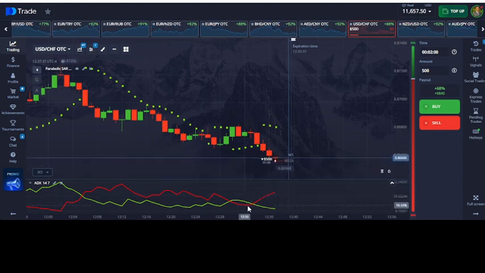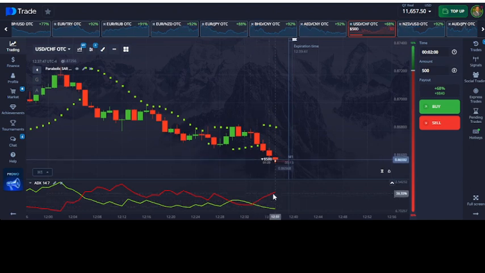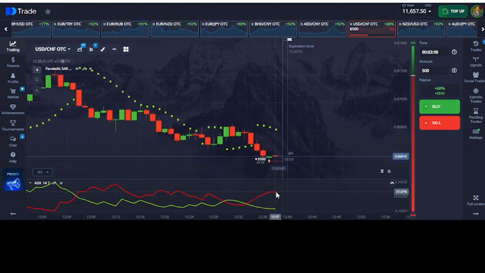But in addition to that, the minus DI line here has crossed the green line here in an upward direction, which tells me that the bearish momentum is stronger here. So let's monitor this trade and wait for the expiration.